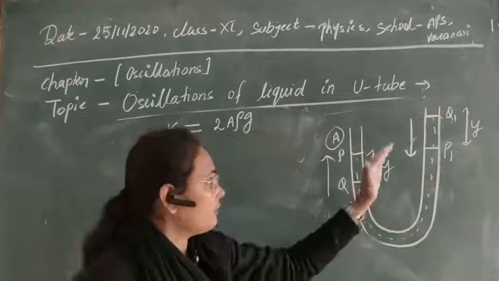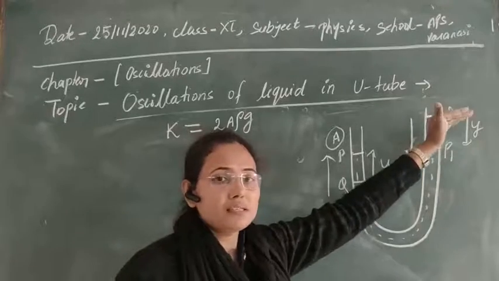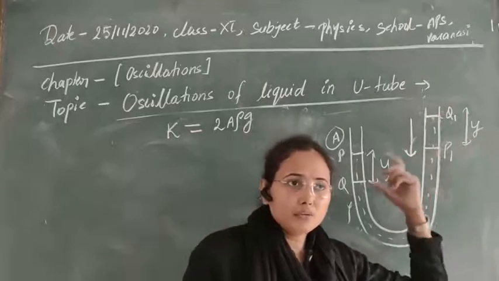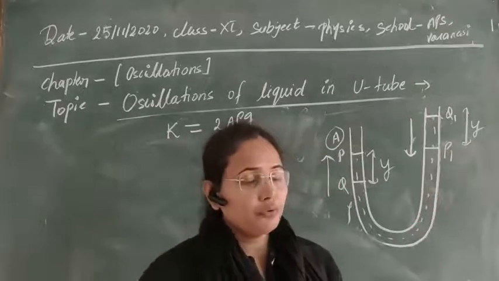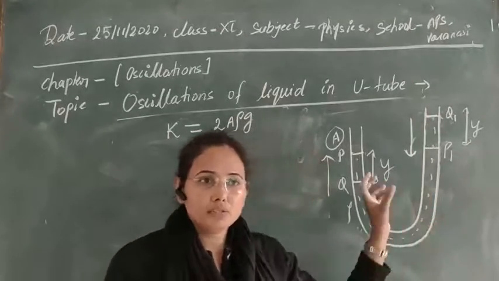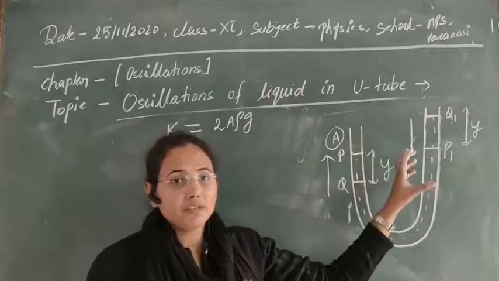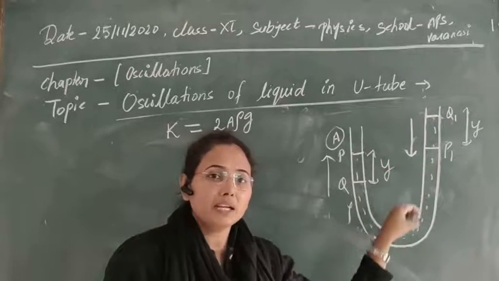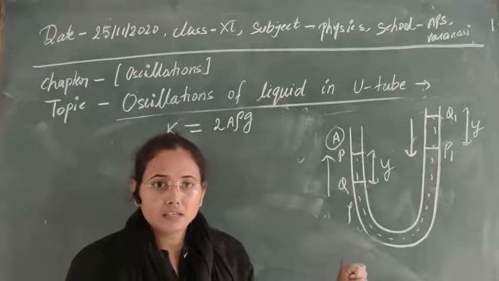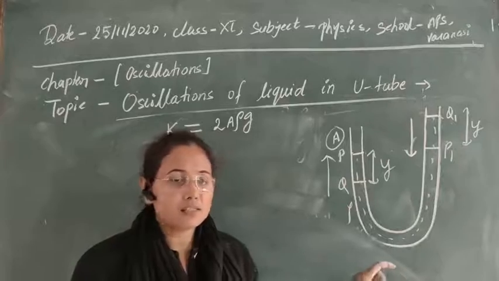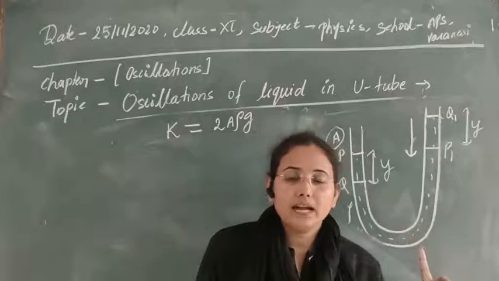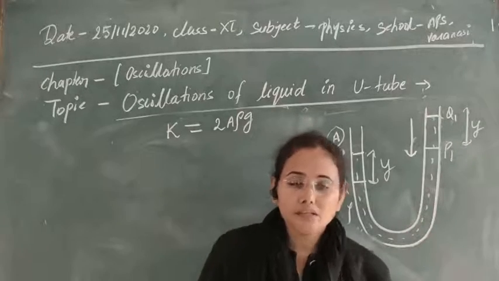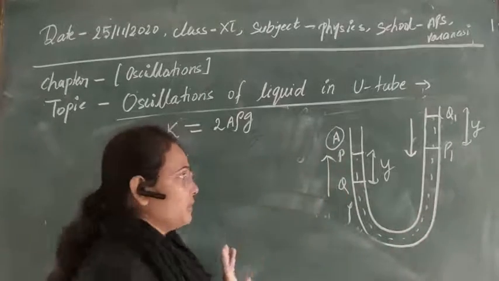It means that if this liquid is displaced by some displacing force, then due to this displacement a restoring force will be developed in the system due to its elastic and inertial behavior, and this restoring force will always tend to bring it back to its equilibrium condition, and due to that an oscillation will be set up in the system, and this oscillation will be simple harmonic. We have just proved it.